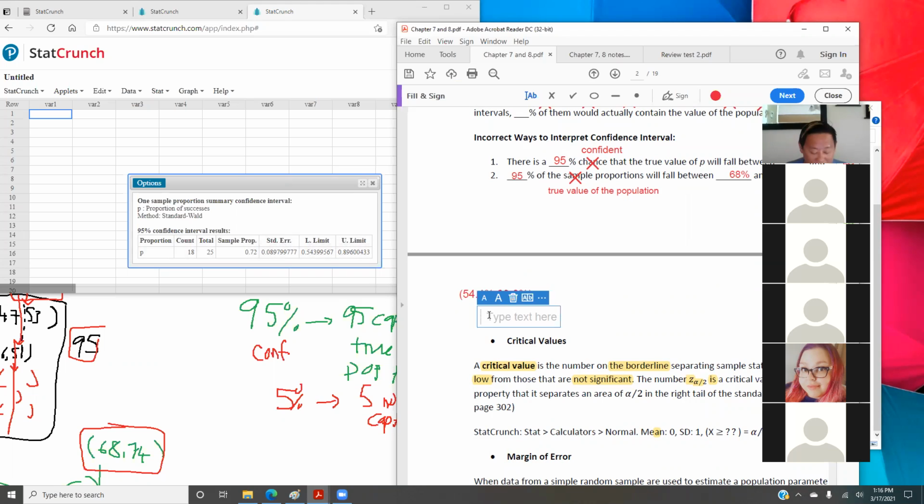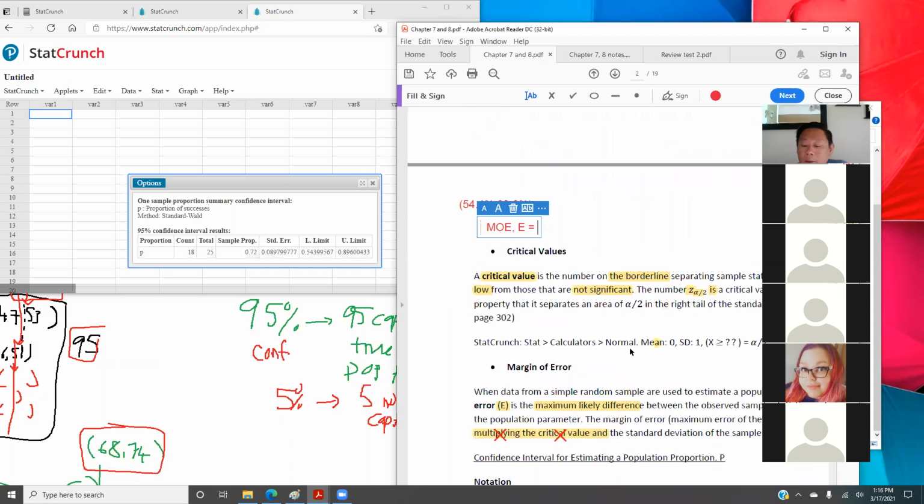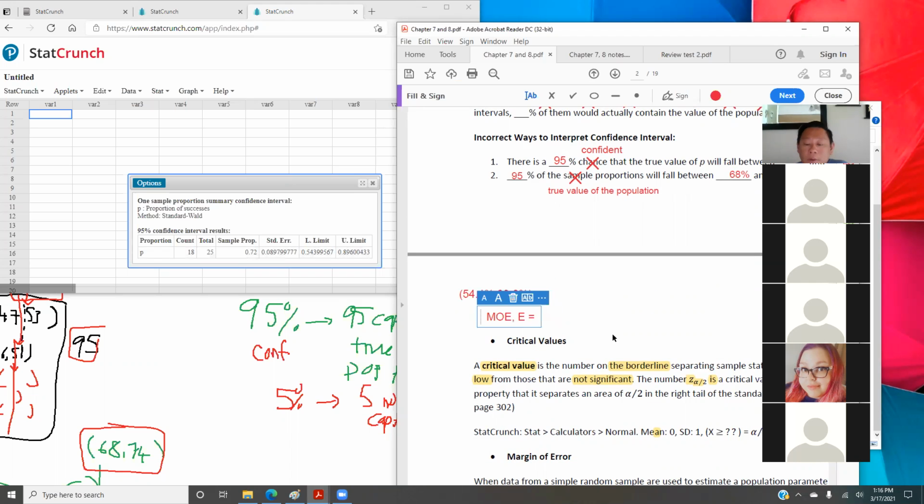Do you know how to find your margin of error, E? Remember how you find it? The upper limit minus the lower limit, divided by 2. So the upper limit is 0.896, minus the lower limit, 0.544, and then divide this by 2.